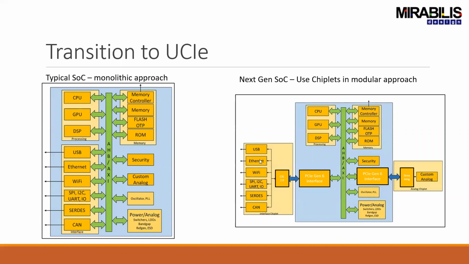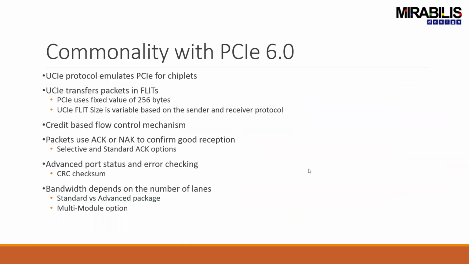With PCIe and the UCIe connection, you can have all the interfaces on one die, the analog on another die, possibly the memory on a third die, and all the processing nodes on one or more dies. Now, if you notice here, the important consideration is all of them are using PCIe Gen 6. And there's a reason for it. When we're doing the exploration, I'll be discussing why that is a major consideration.